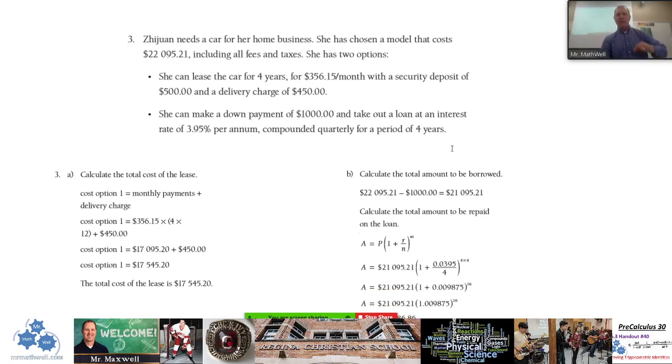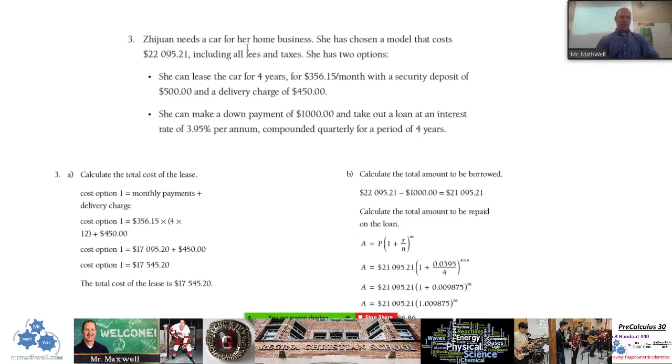So this is the last thing I want to do here. I just want to show you this question and then the solutions underneath. We're not going to take the time to go through it, but I am going to outline sort of what was done here. So, Gij Wan, I think I said that name right, needs a car for her home business. She's chosen a model that costs $22,095.21, including all taxes and fees. She has two options.